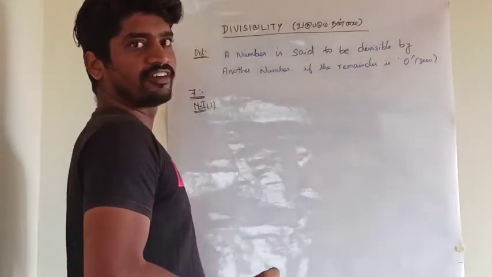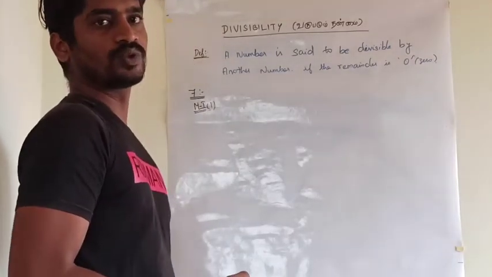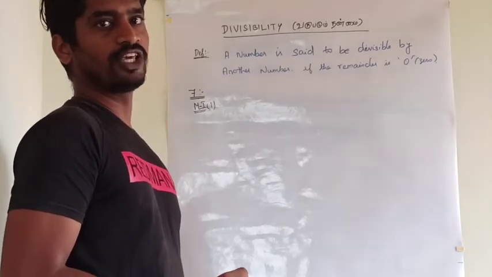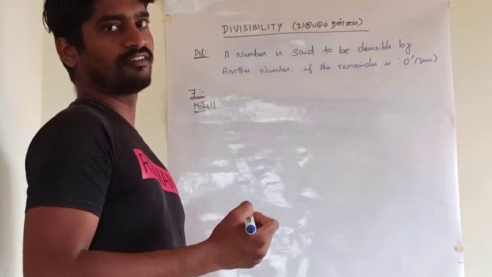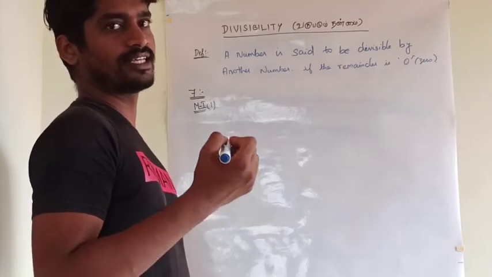The number of tens added to 5 times the unit digit; if this is divisible by 7, the given number is divisible by 7.